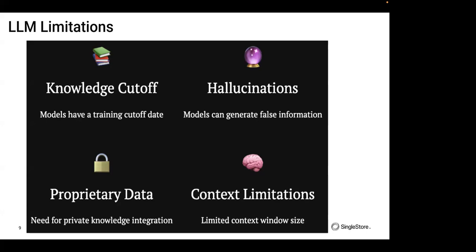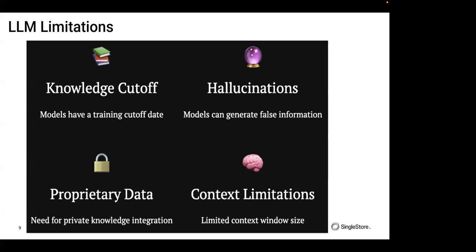They can only handle up to a certain point. They have this context window size to remember only till that point. After that, if you feed in a lot of data, they start losing the context of what you're saying.